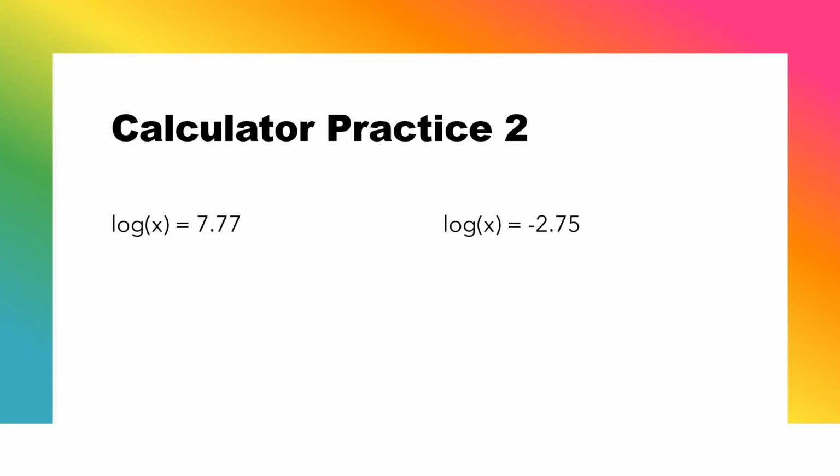All right, now here's the other way that logs and 10 to the x are going to pop up. We're going to end up with an equation that says log of x is equal to a number, and we need to solve for x. Well, remember that log of x and 10 to the x are opposites, right? So the opposite function is 10 to the x.